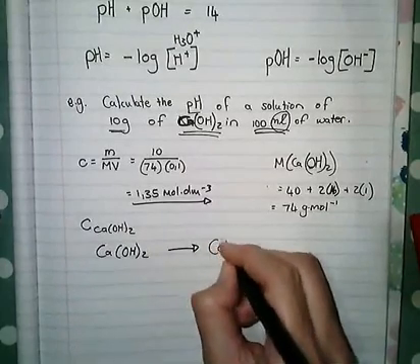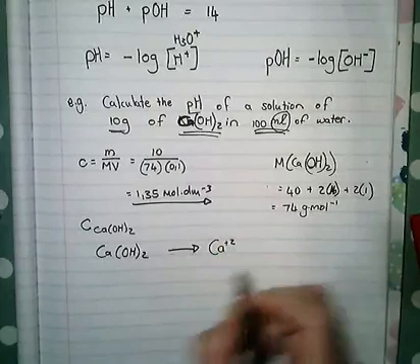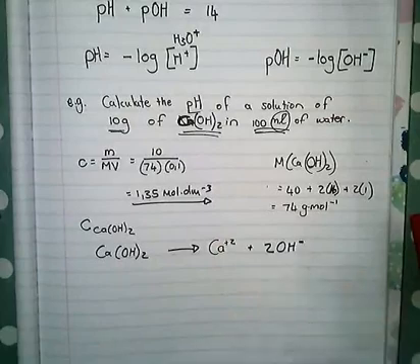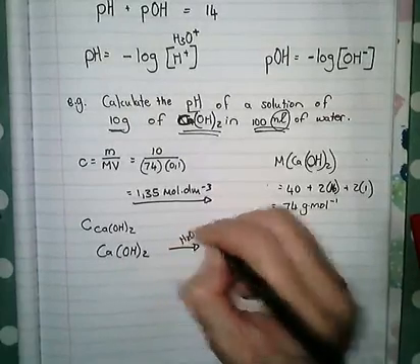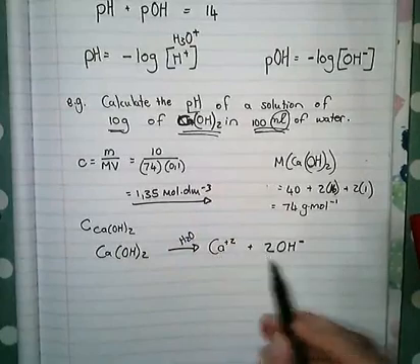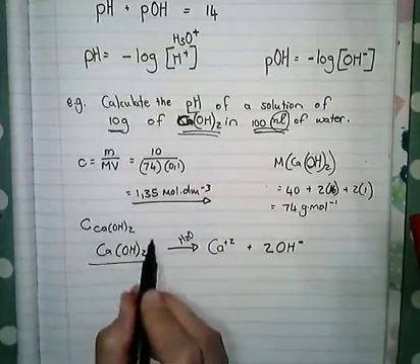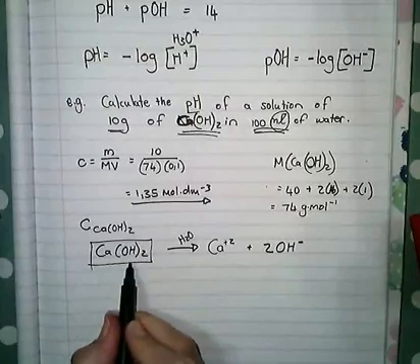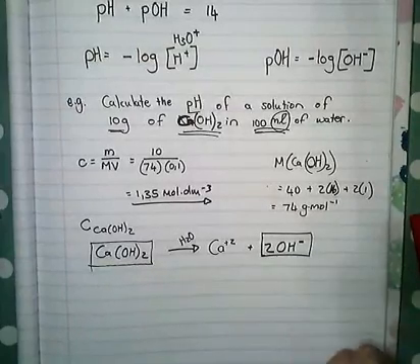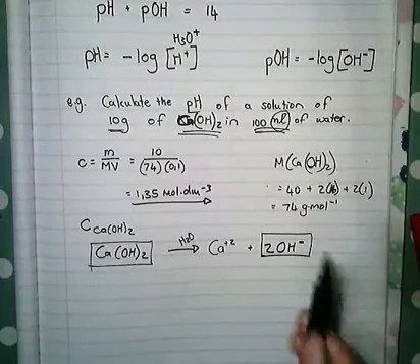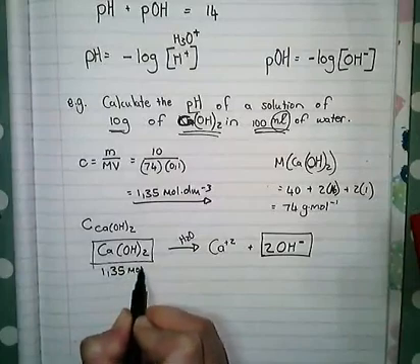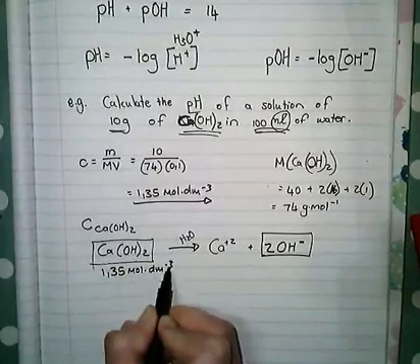So if this is 1.35 moles per cubic decimeter, it means we are going to have 2 times 1.35 moles per cubic decimeter of hydroxide ions. That gives us a concentration of 2.7 moles per cubic decimeter of hydroxide ions. Okay, so this is important to remember.